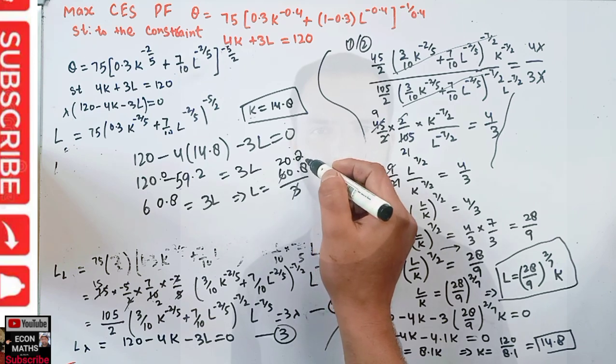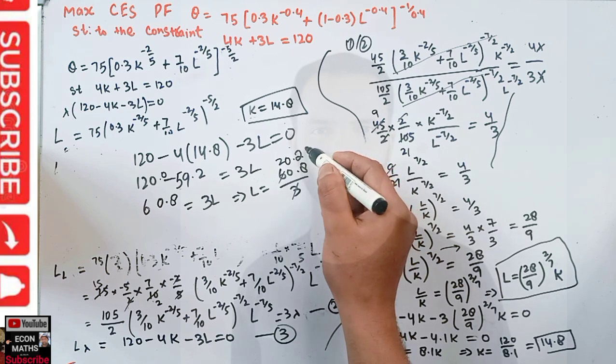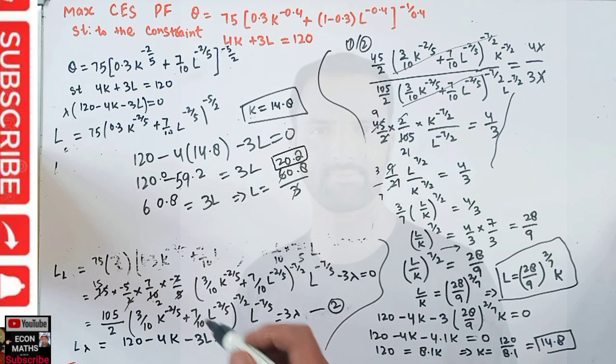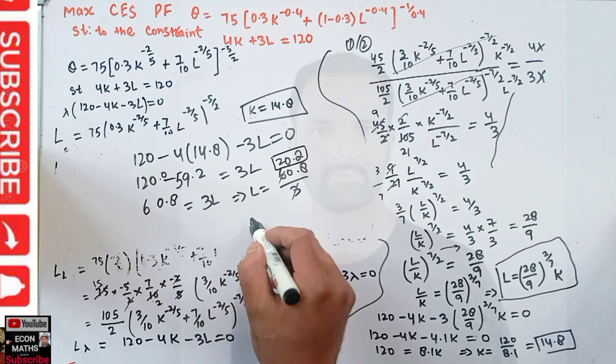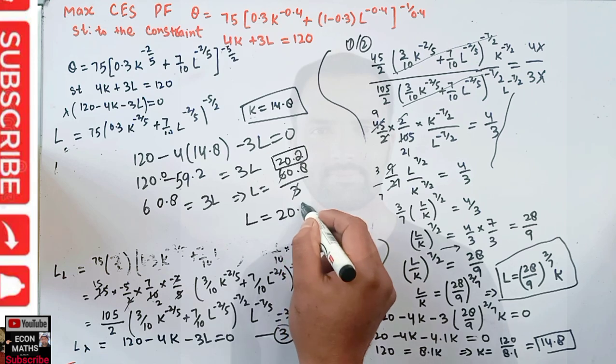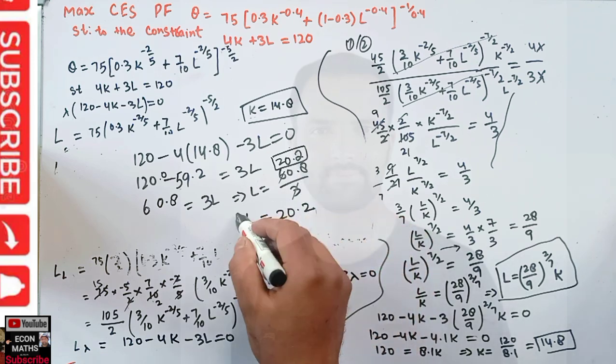And then if we take another 0, so this becomes 3 6s are 18. So let us confine with only 20.2. That means the optimal value of L will be 20.2. I have rounded off, I have just solved it for one decimal place.